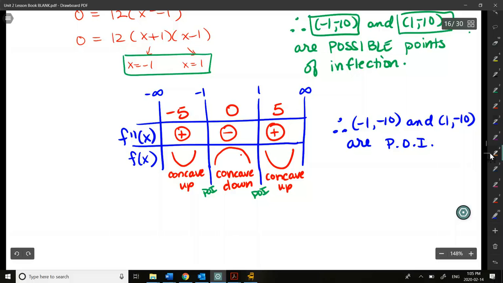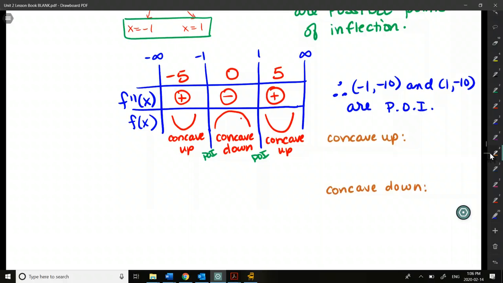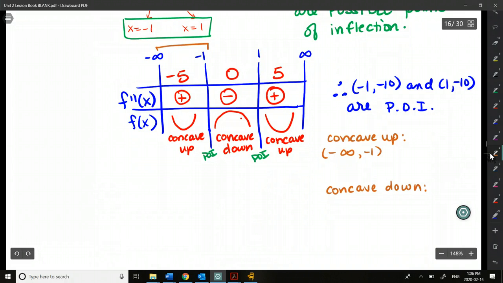Okay, so similar to how we do intervals of increase, decrease, this question's asking us about areas that are concave up and concave down. So we're just going to give the intervals over where these occur. So concave up areas happen from negative infinity to -1, and 1 to infinity.